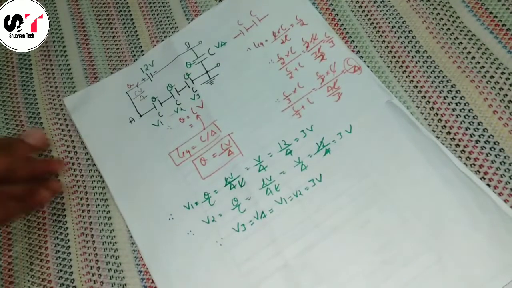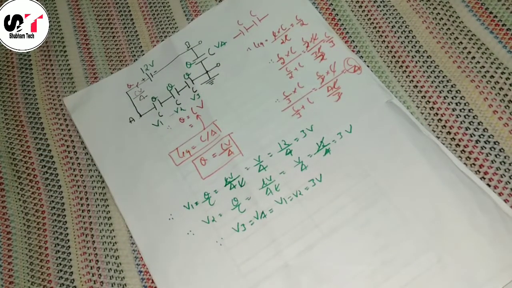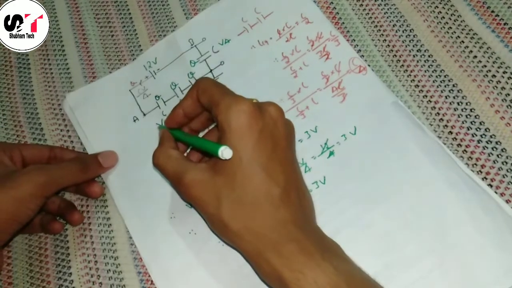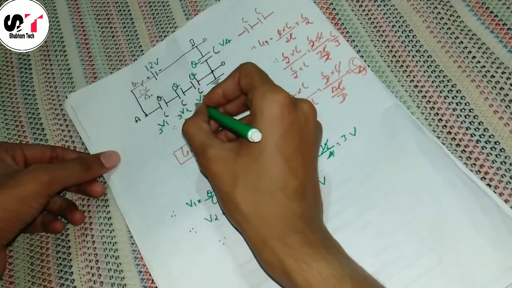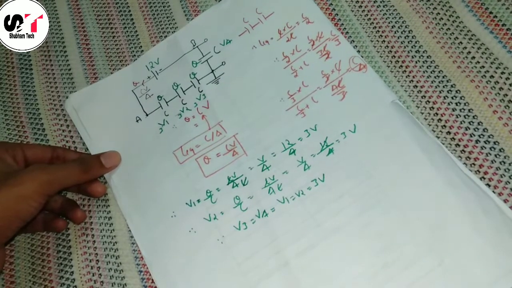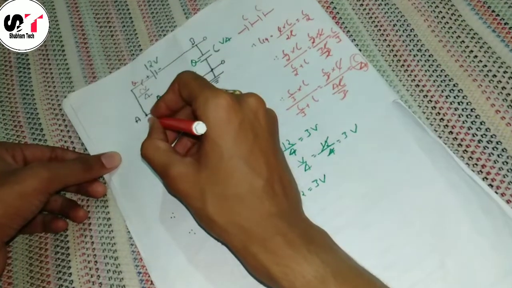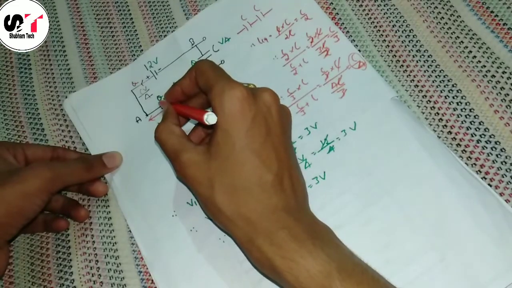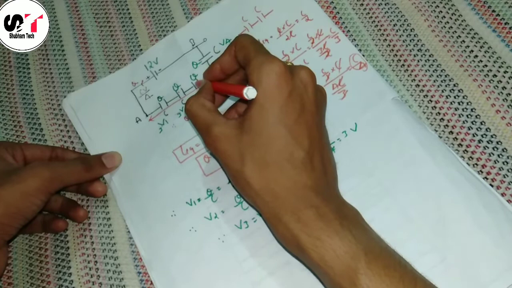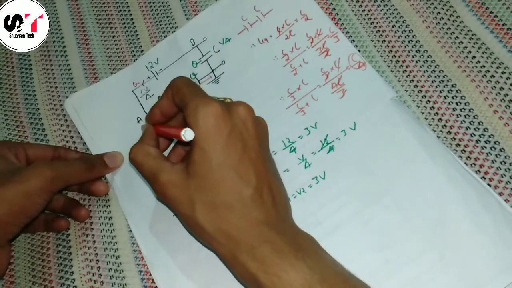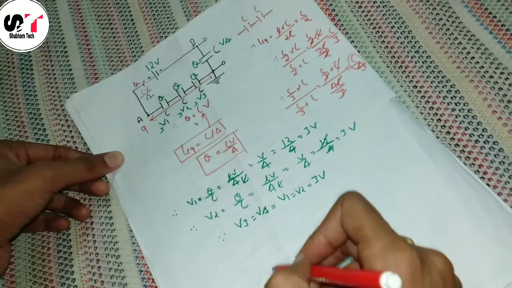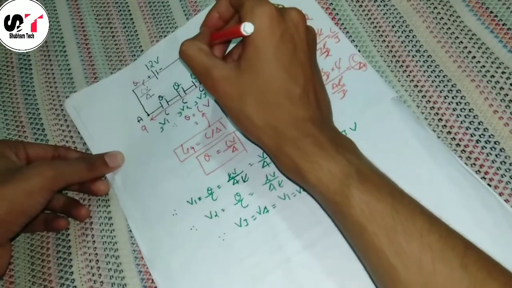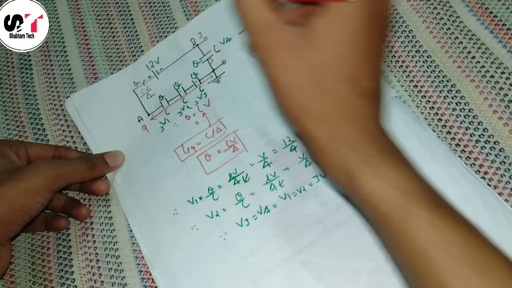Now 3, 3, 3 means 9 volt. 3 volt appears here, 3 volt here, 3 volt here, means total 9 volt appears here, and 3 volt appears here.